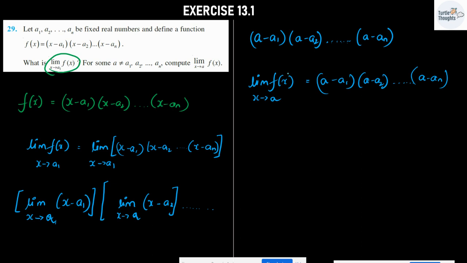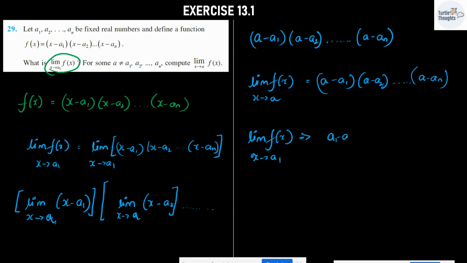Now what will happen when I take the limit of f of x as x tends to a1? When I substitute a1 in place of x, will I be getting the value 0?